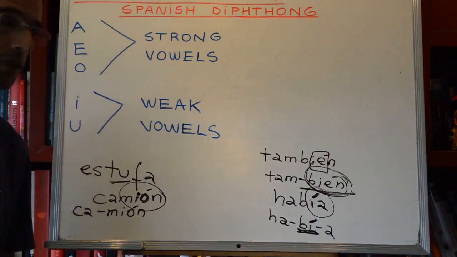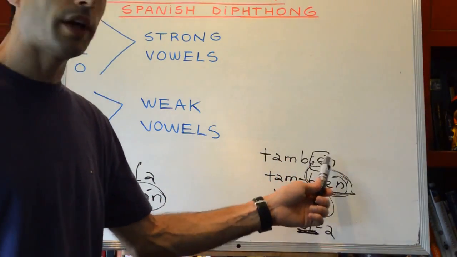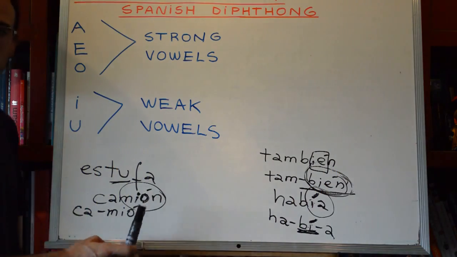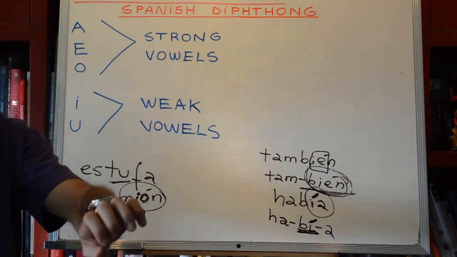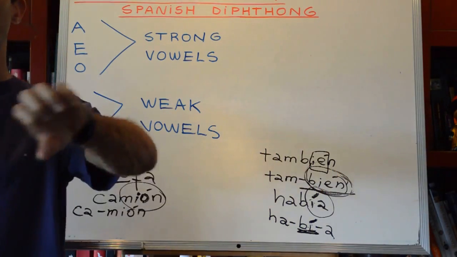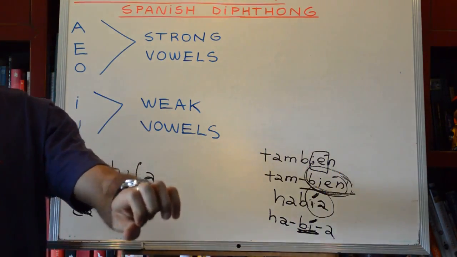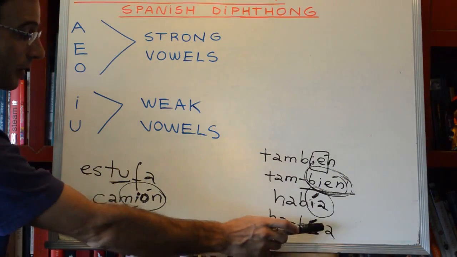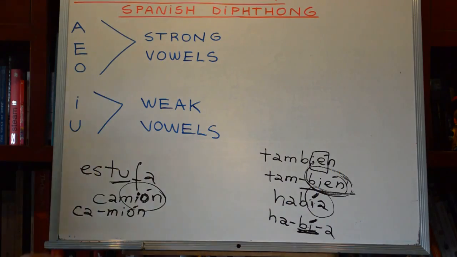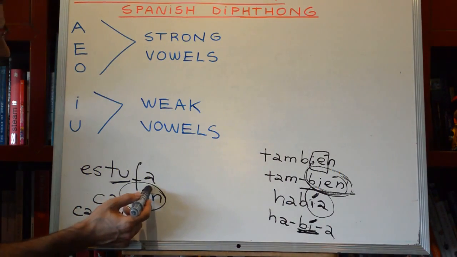Remember, diphthongs are when the vowels stay together in the same syllable. Hiatus is where the vowels are separated. So, vowels that are together in the same word can be separated in different syllables. Like había, this is an hiatus. This is a diphthong.